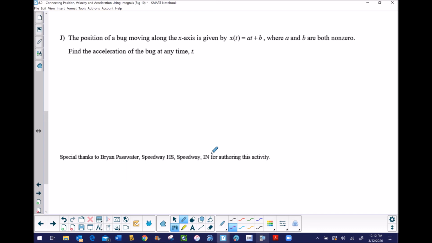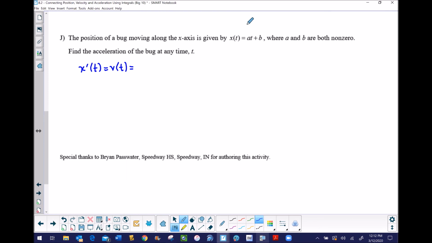This is an interesting little guy. Okay, so if we have position and we have to figure out acceleration, how many derivatives do we have to take to get there? Well, if we take one derivative of position, that gives us velocity, right? And we have to think, what is the derivative of at plus b with respect to t?